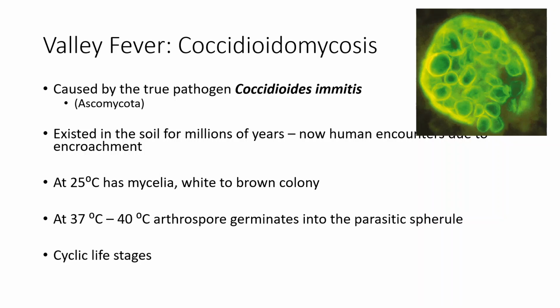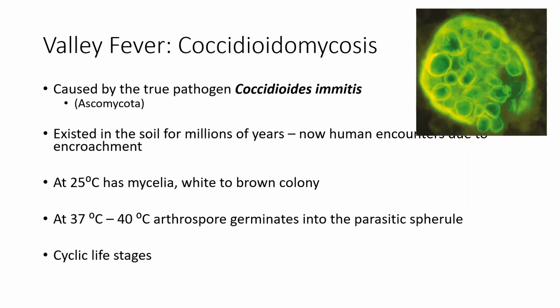Okay, and so at 25 degrees Celsius, so like 77 degrees Fahrenheit, if you're having trouble picturing that, it's usually going to be a whitish to brown colony, still in the hyphal form, producing spores.